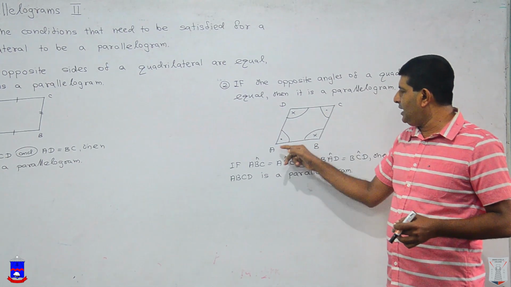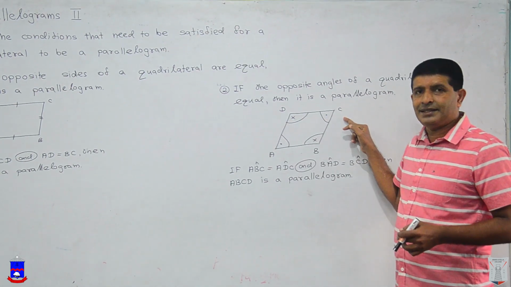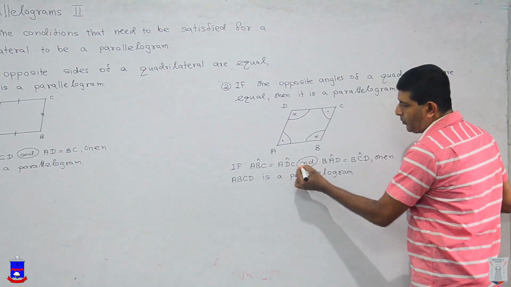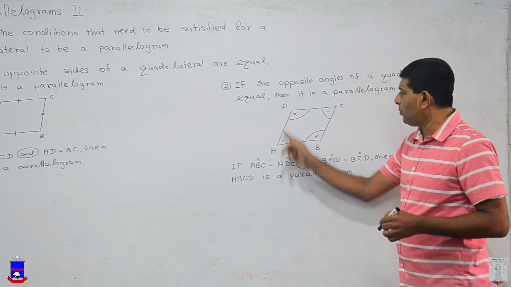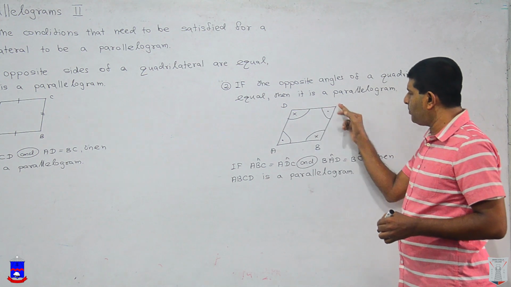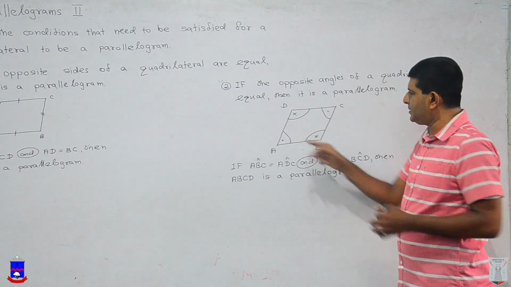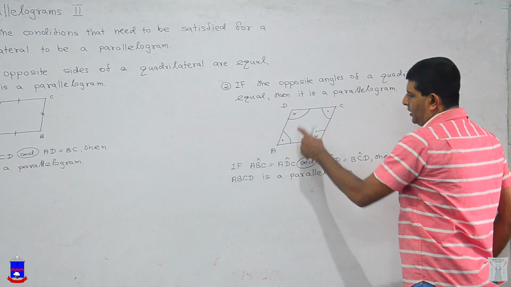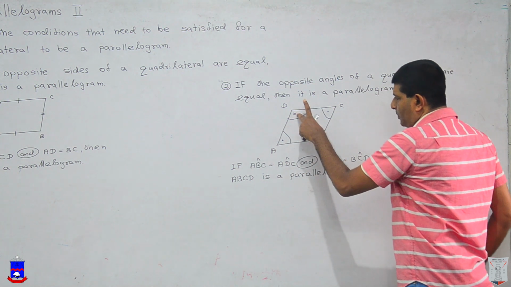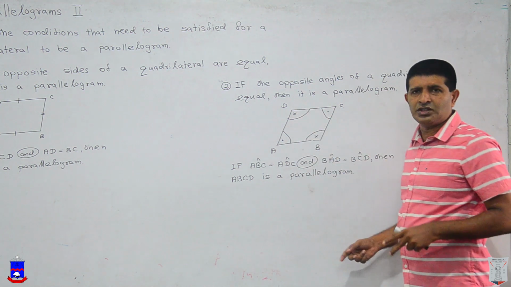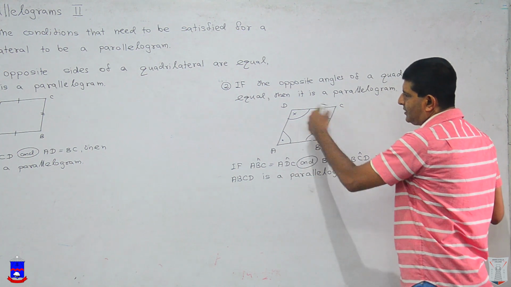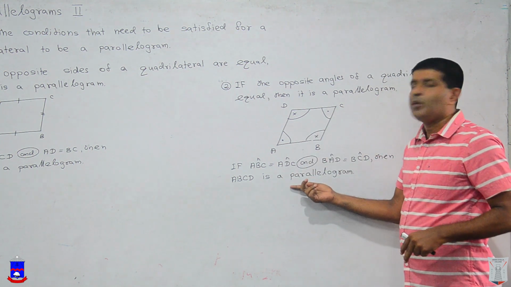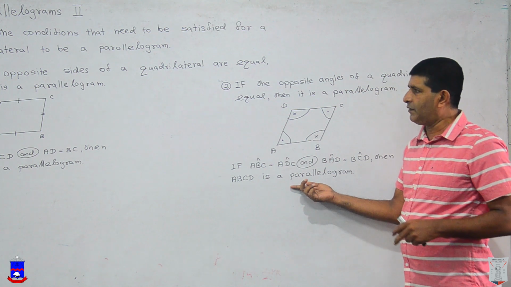Angle ABC equals angle ADC, and that is very important, and angle BAD equals angle BCD. These two angles and these two angles, both pairs of opposite angles should be equal. After that, this quadrilateral becomes a parallelogram. This is the second one.